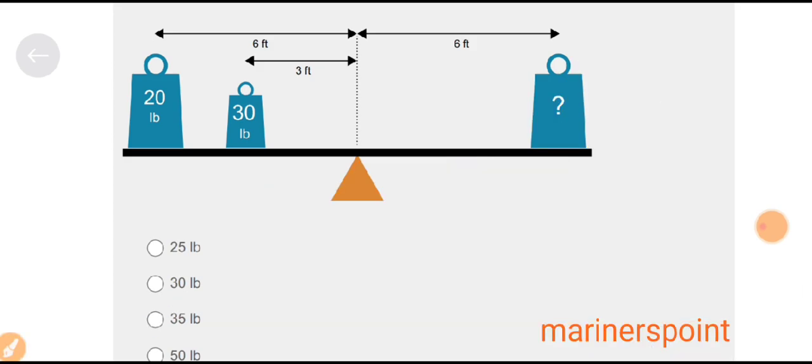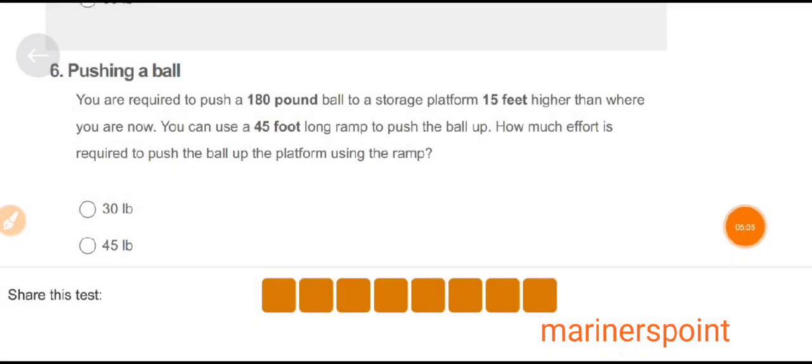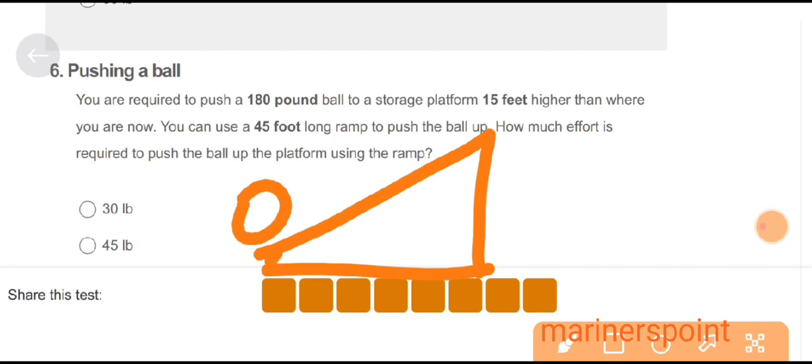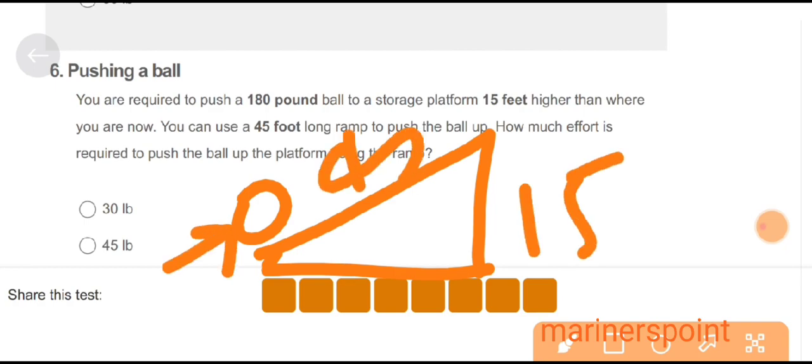Okay, next question. This is a special type of mechanical aptitude problem. To solve it, first understand the question. This is the height and this is the ramp, and here is your ball. You have to apply force, with 15 meter height and 45 meter ramp. How much force will you apply? First of all I will make you understand how to solve this type of problem.